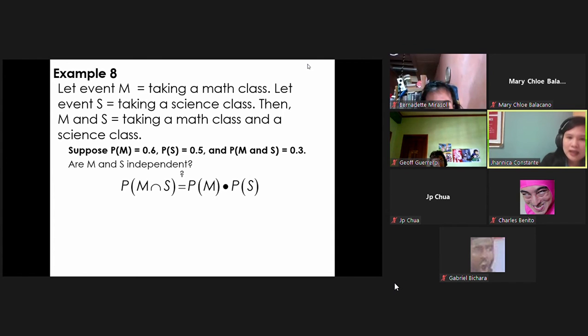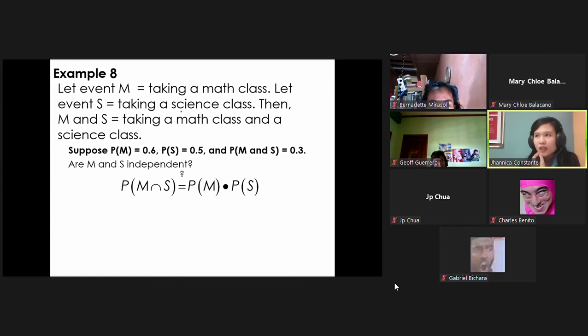Suppose the probability of taking math is 0.6, and the probability of taking science is 0.5, and the probability of taking both math and science is 0.3. We need to identify if the events M and S are independent. So let's substitute.